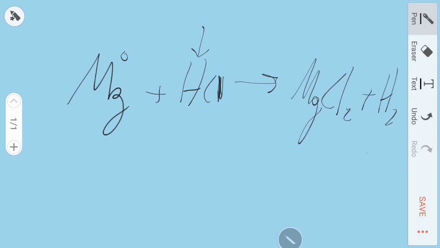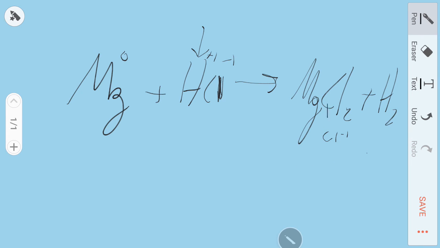Hydrogen has a +1 charge. You can look at the periodic table. It's in group 1. Chlorine is in group 17. It has a -1 charge. Now if I go to my products, I have 2 chlorine, but each one will have a -1 charge.